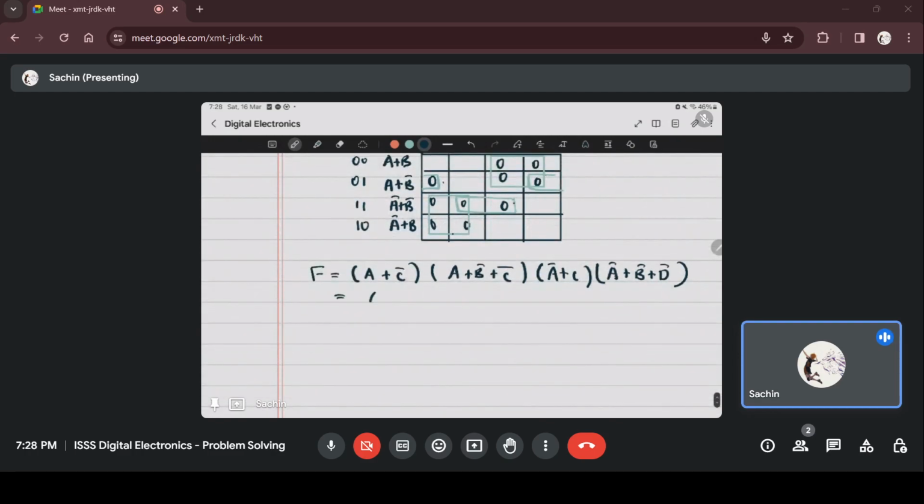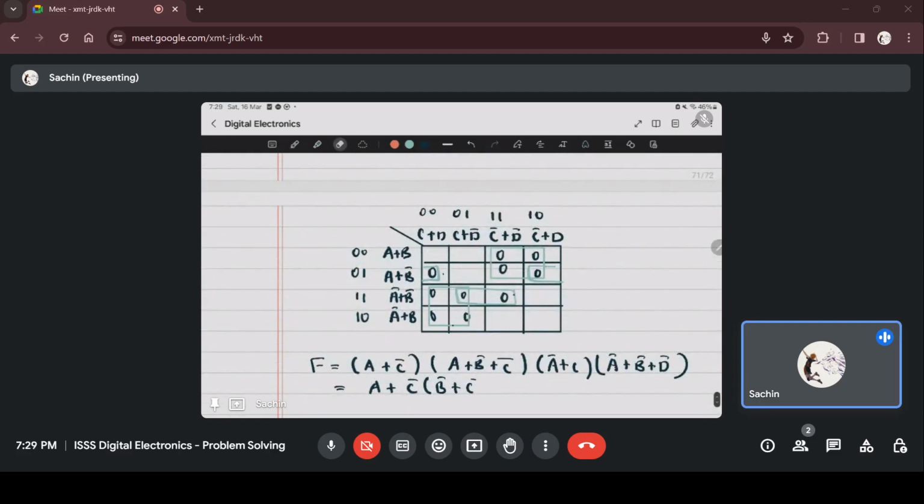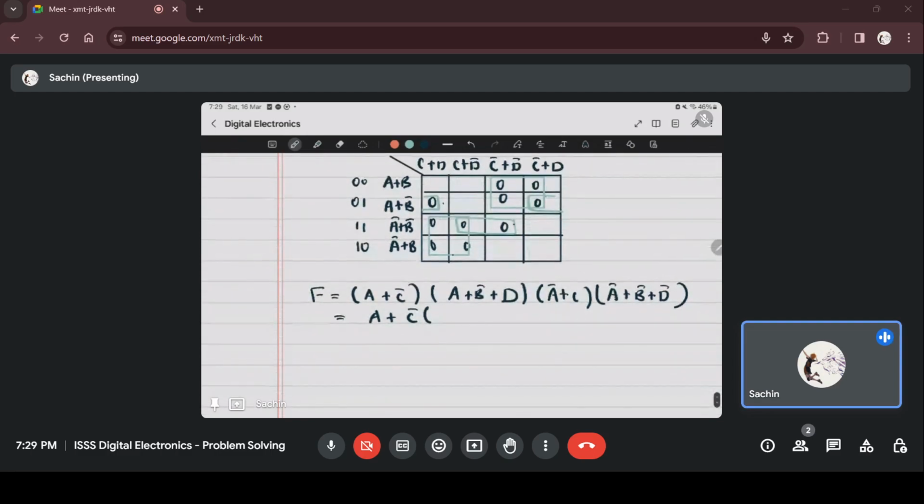Which we can write using distributive property as a plus c bar into b bar plus c bar. Let me check that again. It's a plus b bar plus d. So can write this as a plus c bar into b bar plus d.